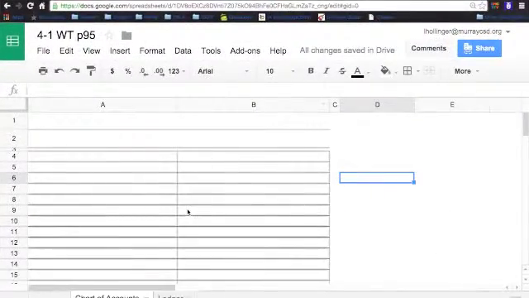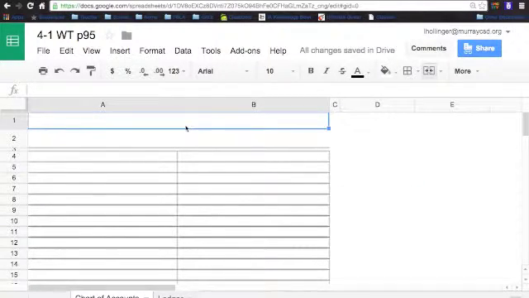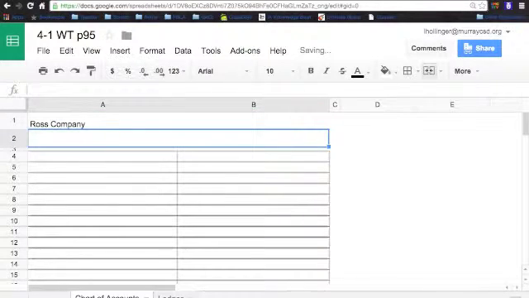Here's the form that we're going to use for our chart of accounts. The first line on here is the name of the company. In this case, the name of the company is Ross Company. The second line is going to be called Chart of Accounts. These two are going to be centered.